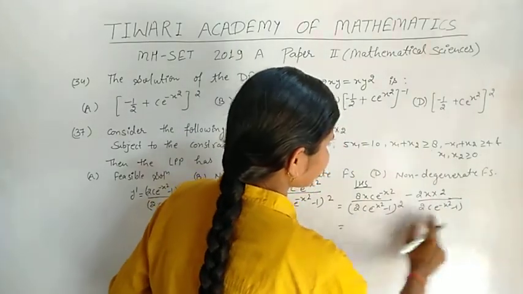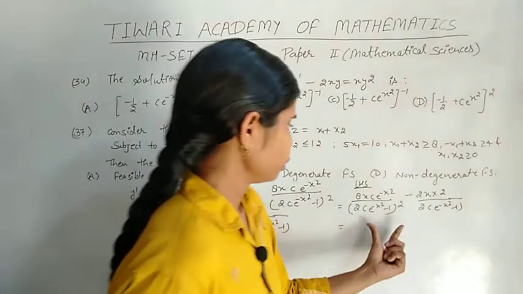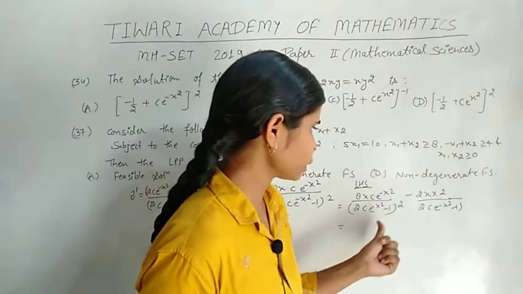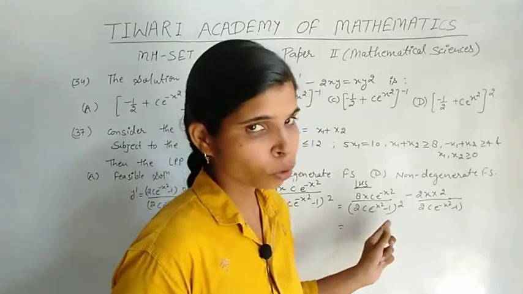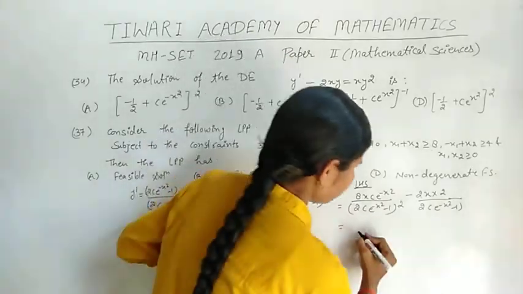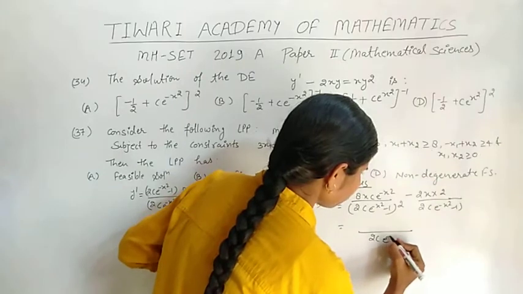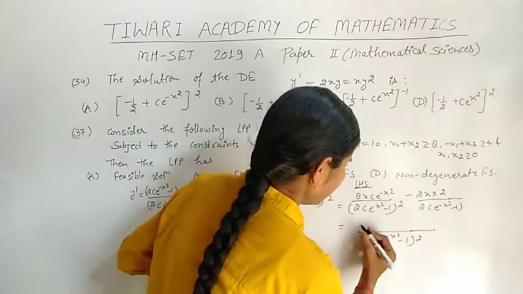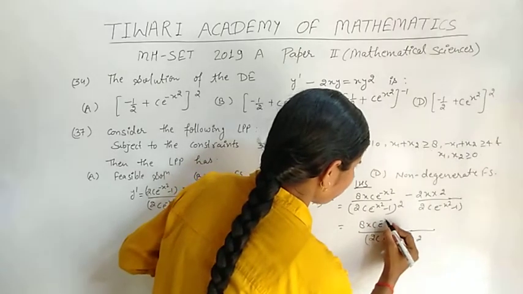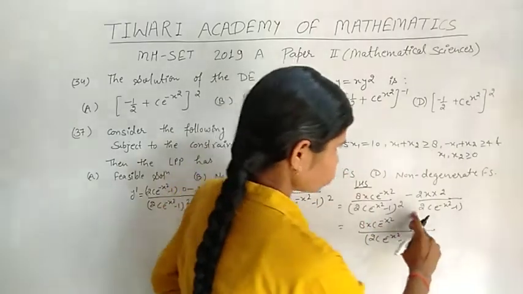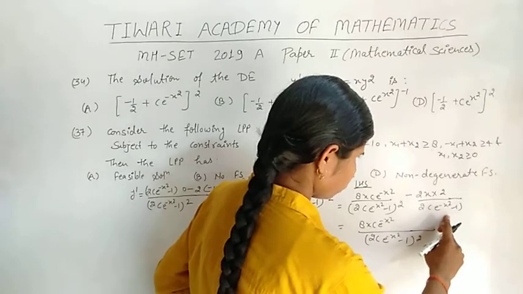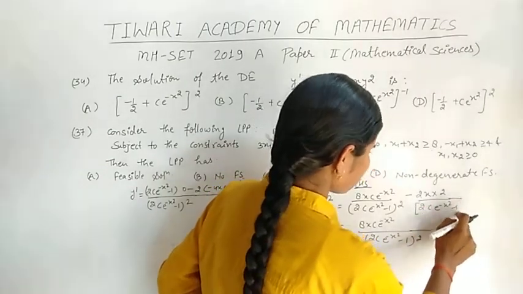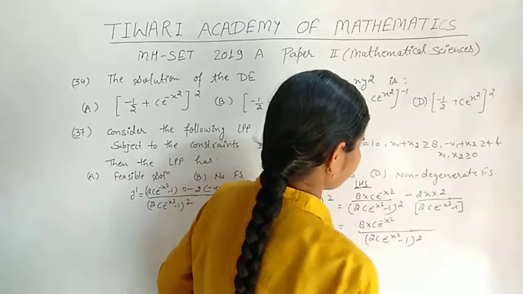If we take LCM of first and second term, LCM is 2c e raised to power minus x square minus 1 raised to power 2. Okay, 8xc e raised to power minus x square into this 2c e raised to power minus x square minus 1.